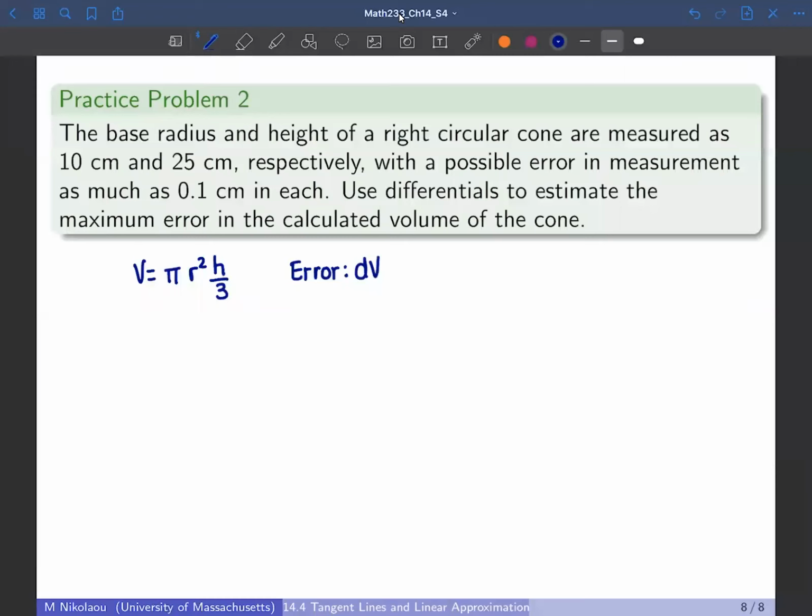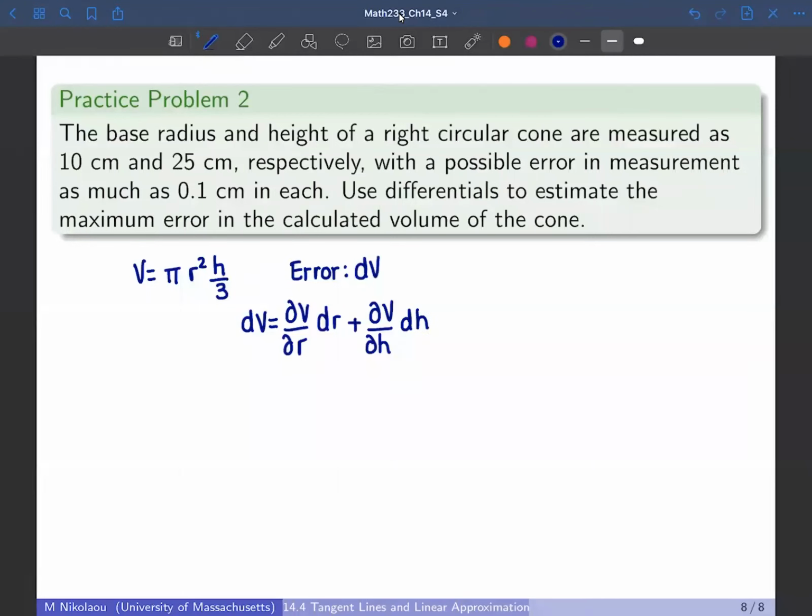So the differential dV would be equal to the partial derivative of V with respect to the radius, r, times dr, the error in the measurement of the radius, plus the partial derivative of the volume with respect to the height, let's call that h, times the error that we make in the height.